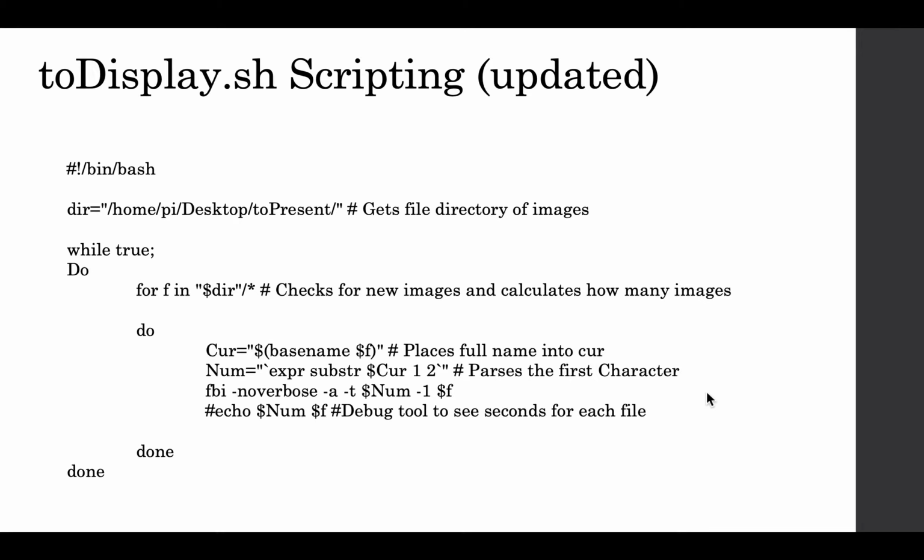And in the while loop, we are making sure that we're grabbing all the files in the folder. And then for each file, we're grabbing the name of the file. We're extracting the first character to determine how long it will be displayed on the TV, and to display that using the library FBI. Now, the FBI was the issue I was having during the slideshow.